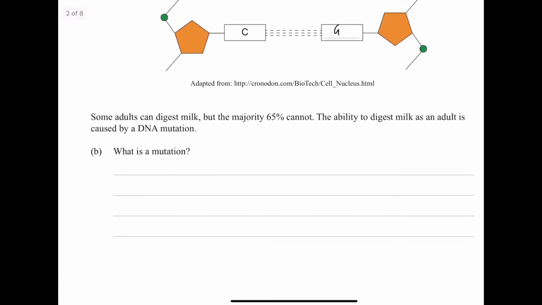So question B is, some adults can digest milk, but the majority, 65%, cannot. The ability to digest milk as an adult is caused by a DNA mutation. So what is a mutation? A mutation is a permanent change in the DNA sequence.